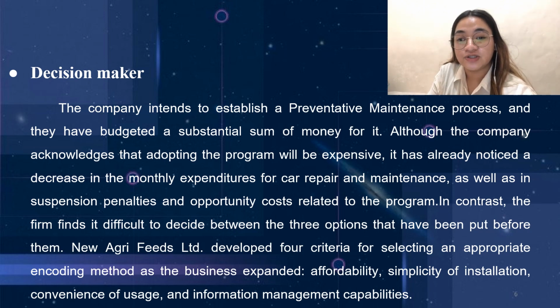The researchers also suggested that in order to enhance the effectiveness and structure of New Agri-Feeds Ltd.'s information technology system, all order forms be recorded into a single online database.